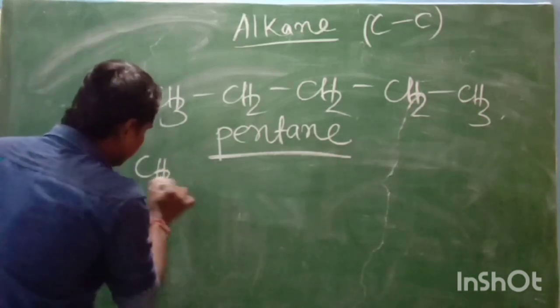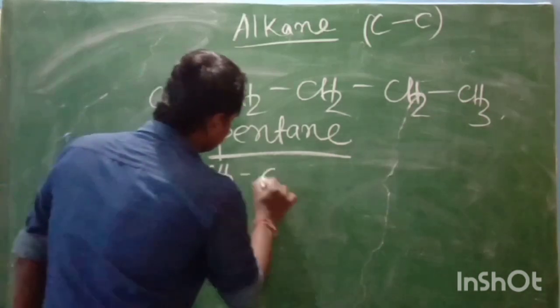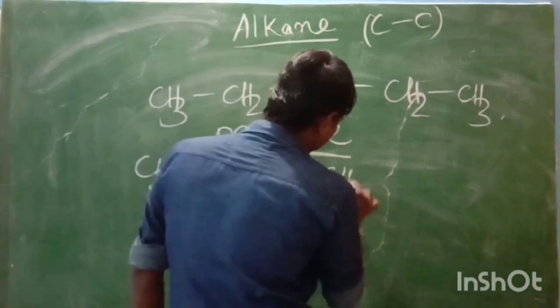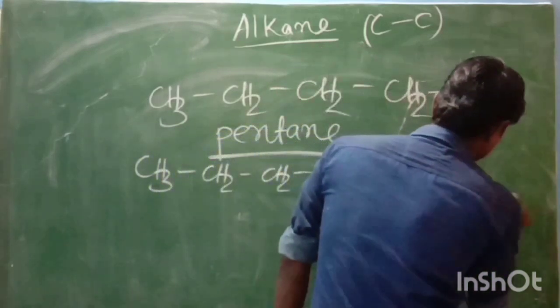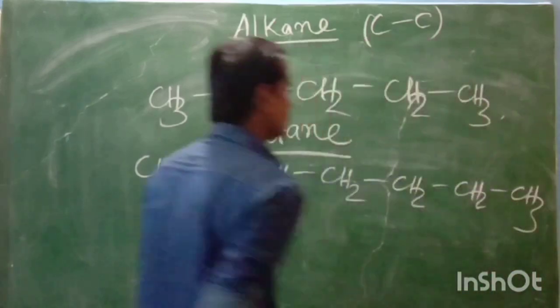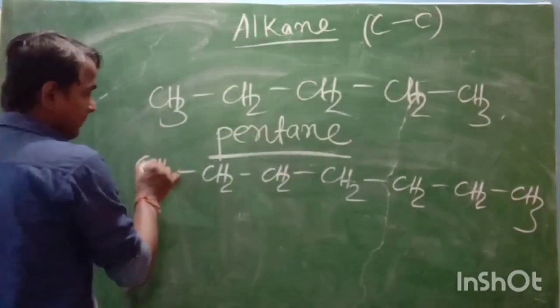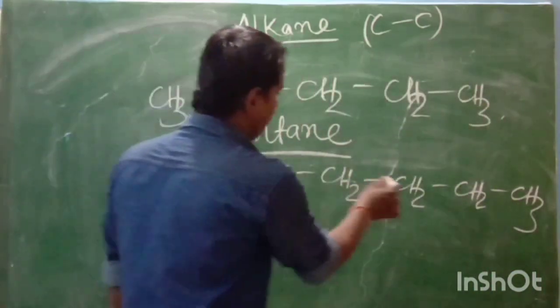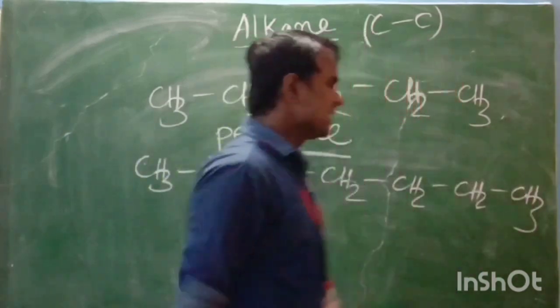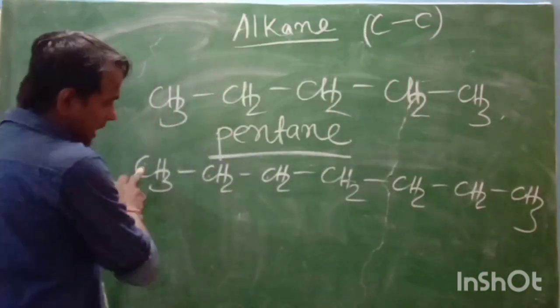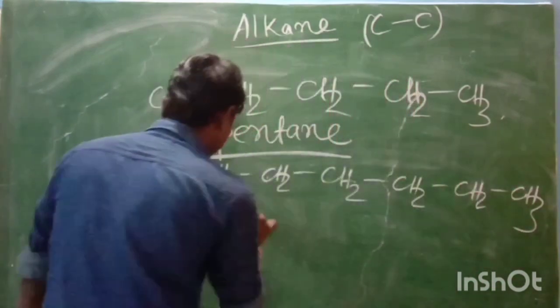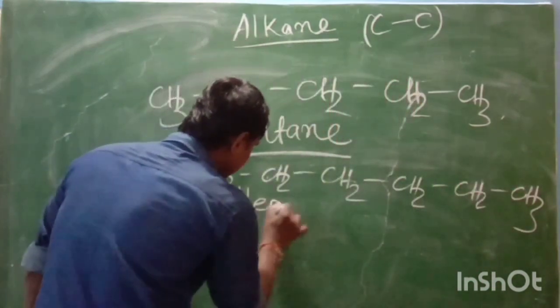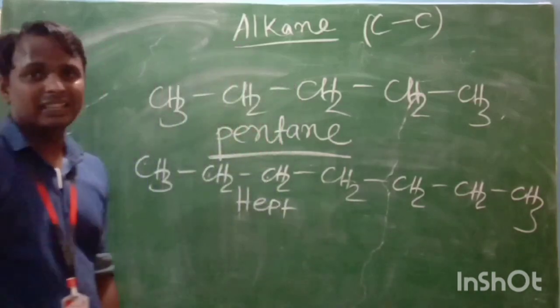Let's take another example. Number of carbon 1, 2, 3, 4, 5, 6, 7. Seven means the root is hept.